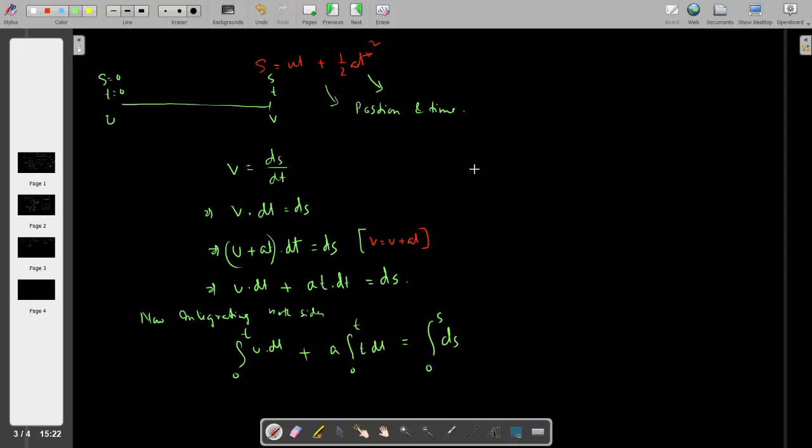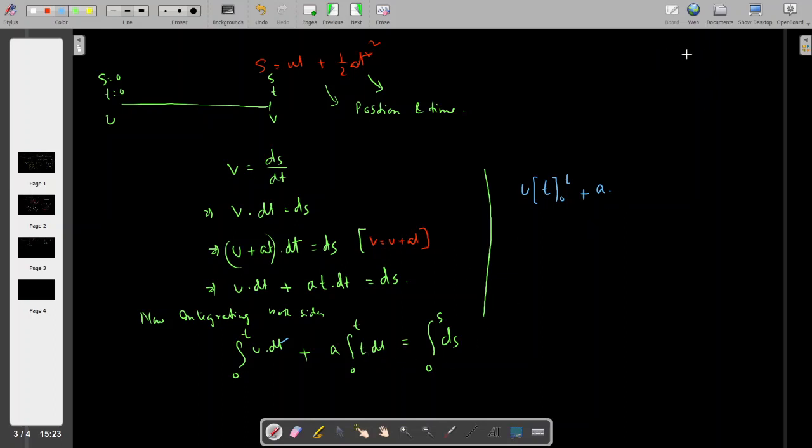What will be the result, guys? u is constant, integration of dt will give you t, with limit from 0 to t. Plus a into the integration of t dt.